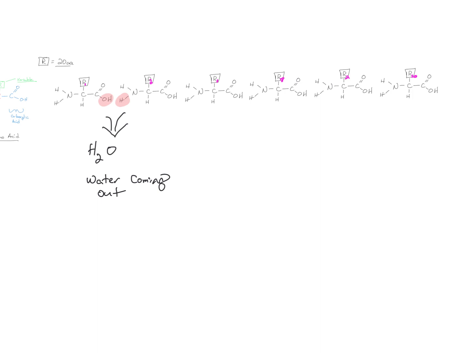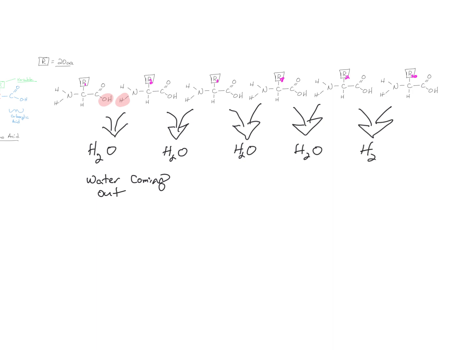Now, each time you connect one of these amino acids in the chain, so when this amino acid is connected to this one, you're also going to get water coming out. When this amino acid is connected to this one, you're also going to get water coming out. So every time you add a link in the chain, water's coming out.